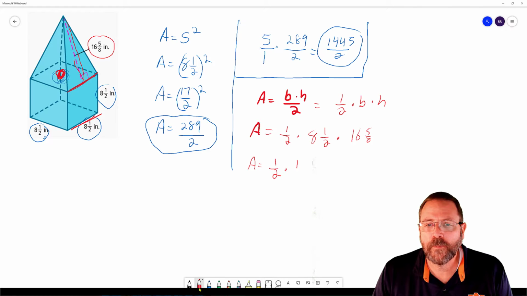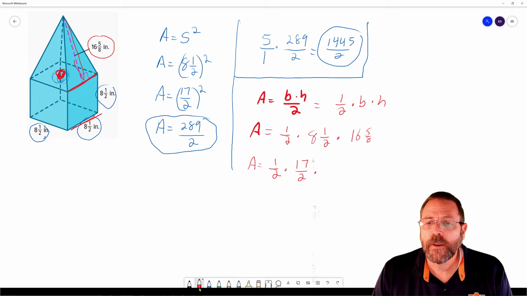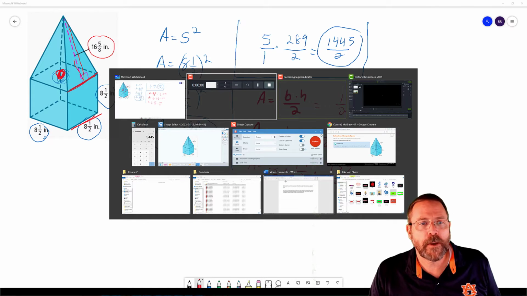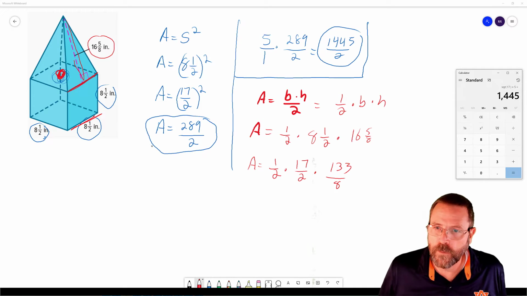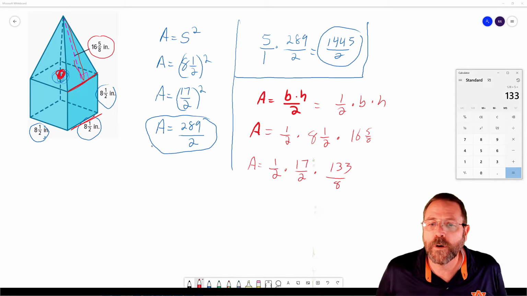We'll make our mixed numbers into improper fractions. 1/2 times the 17 over 2 we found earlier, times 8 times 16, that's 128, plus 5 is 133 over 8. Let me double check that mental math: 8 times 16 equals 128, plus 5 equals, yep, 133.